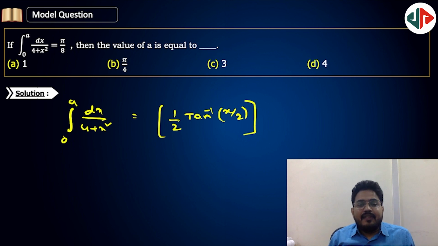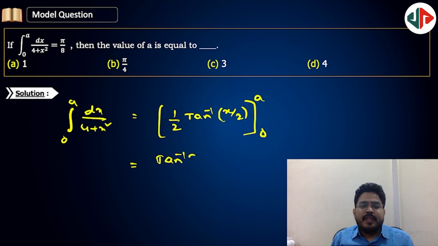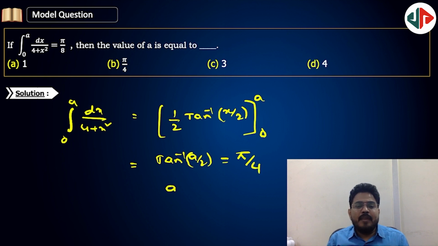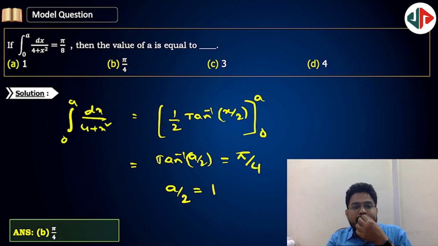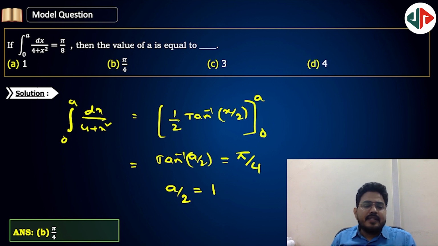So the value will be from 0 to a, tan inverse of a by 2, equal to, this 2 goes this side, pi by 4 will come. So a by 2 is equal to 1. So a is equal to, what is the value? Just a minute. So a should be equal to 2 but not pi by 4.